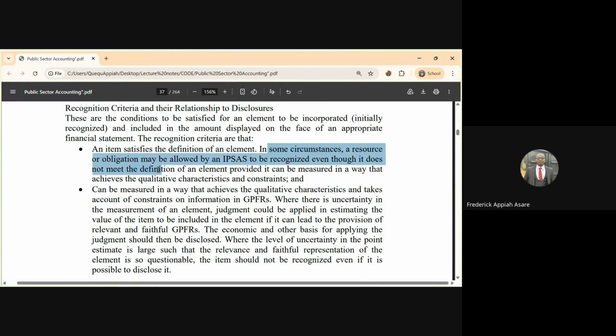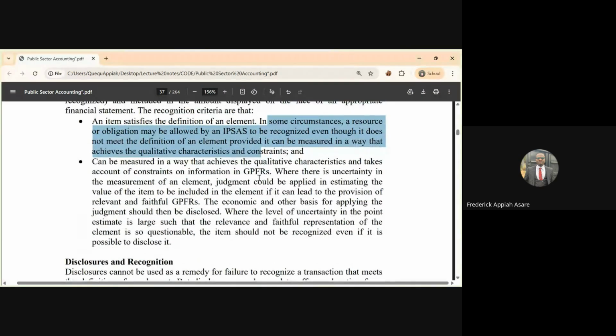In some circumstances, a resource or obligation may be allowed by the IPSAS to be recognized, even though it does not meet the definition of an element, provided it can be measured in a way that achieves the qualitative characteristics and constraints. So the first thing is that it has to satisfy the definition of an element.